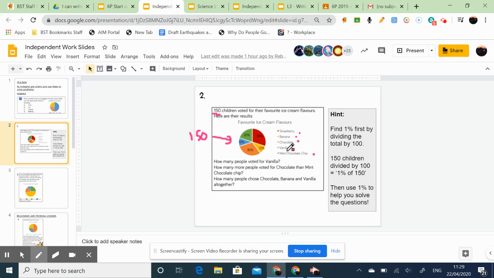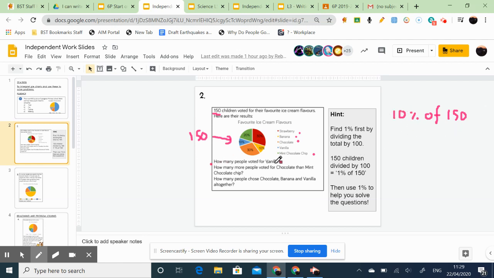So let's have a look at vanilla. Vanilla is the blue one there. So we need to work out 10% of 150. For each one, I'm going to write down the percentage of the total amount. So it's 10% of 150 for vanilla. Now, what's 10% of 150?